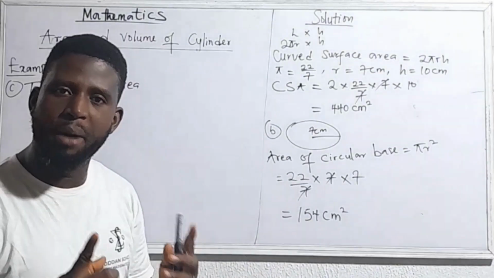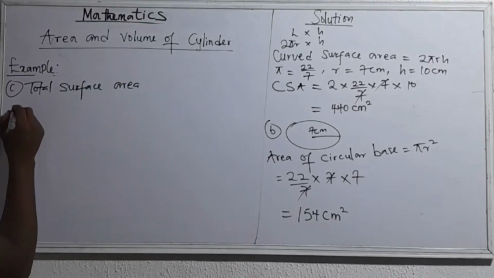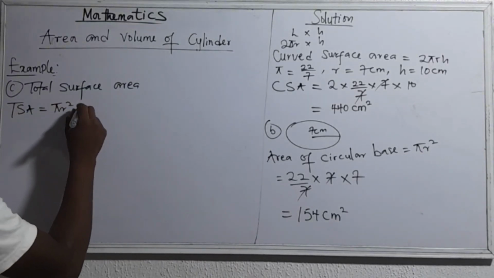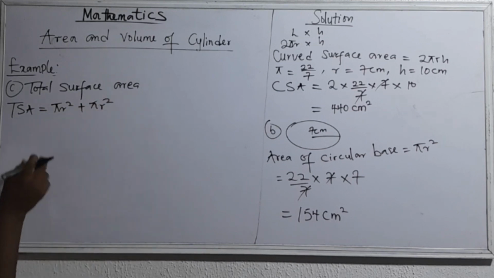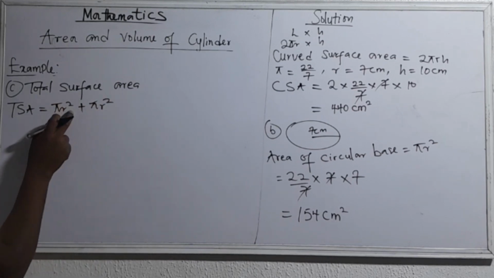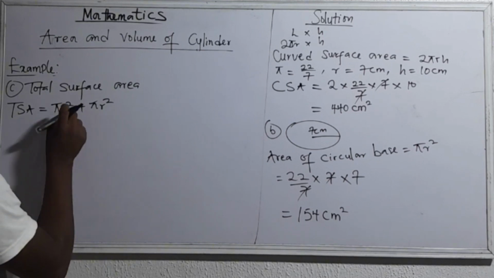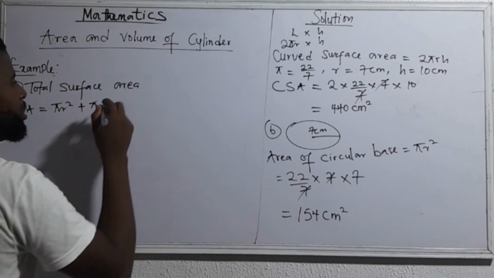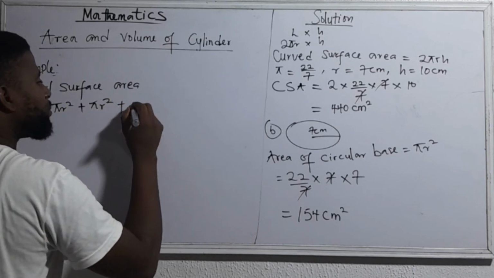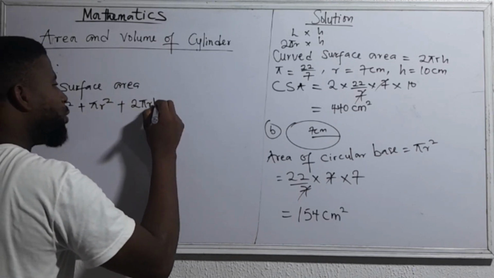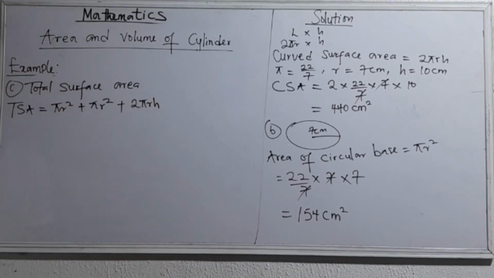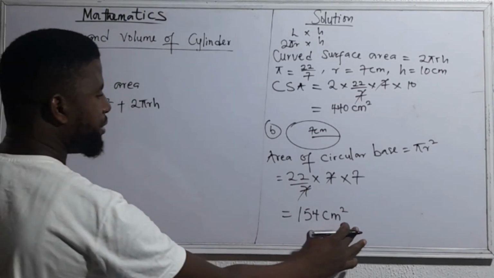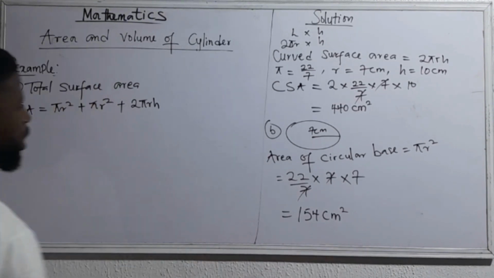So in case you do not remember the formula, we say total surface area is equal to pi r squared plus pi r squared, that is the area of the top circular base, plus the area of the base circular surface, then plus the area 2 pi r h of the curved surface, and that will give us, we already know that this area of the circular base is what?